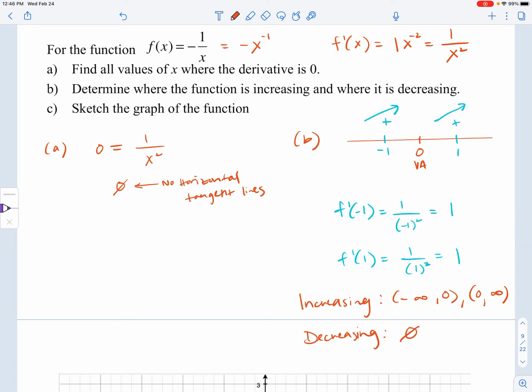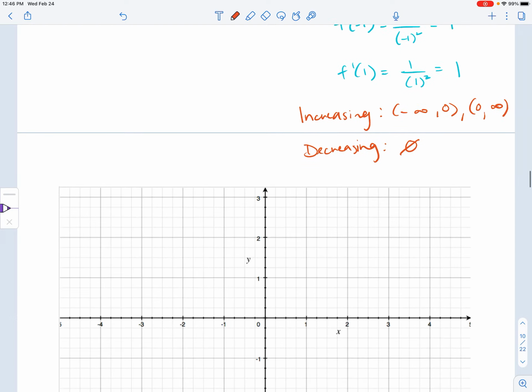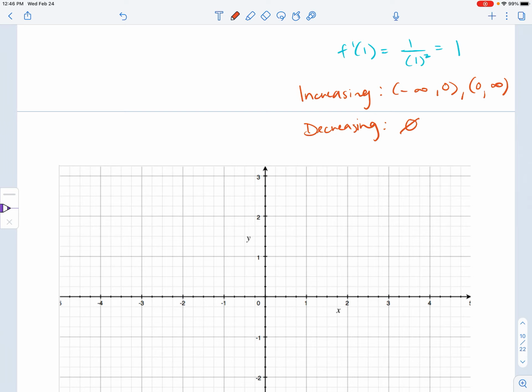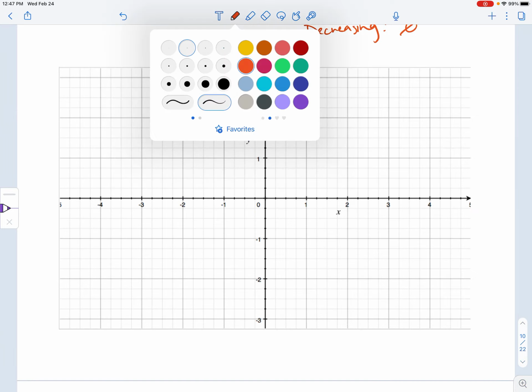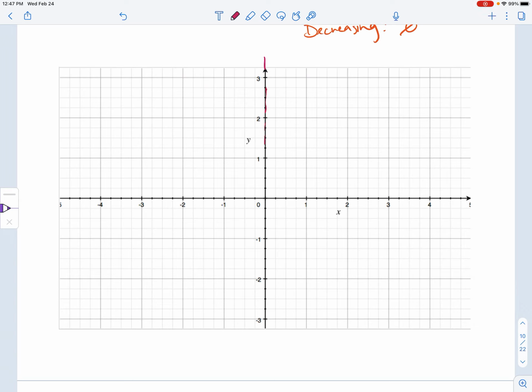Now, to graph this, you do kind of need to rely on your previous knowledge, like from studying rational functions in pre-calc and from studying limits.